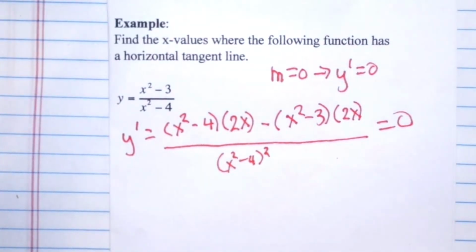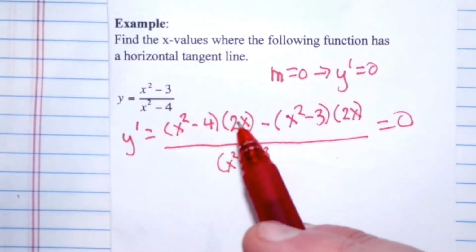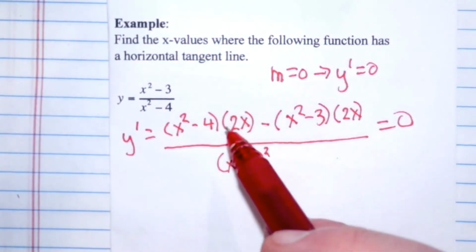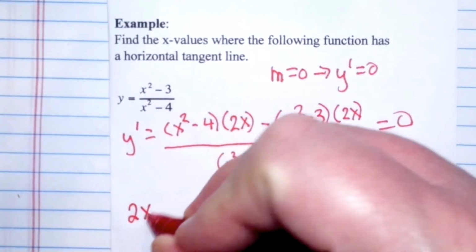Well, if a fraction is equal to 0, that means its numerator is equal to 0. So that's really all we're working with here, is setting the numerator equal to 0 and solving. So I'm going to take out a common factor of 2x in the numerator.